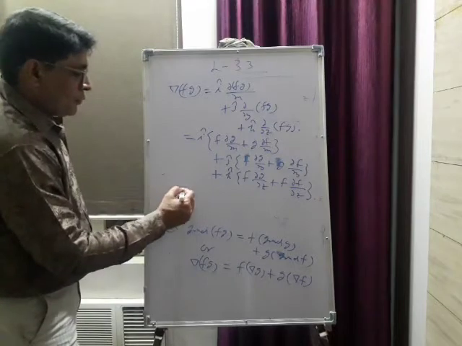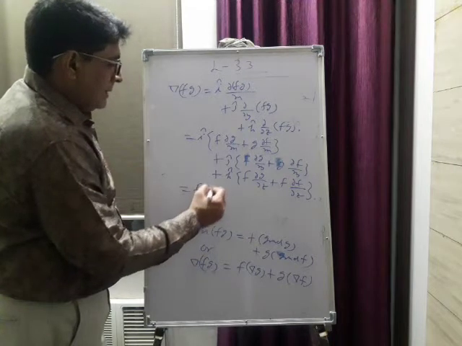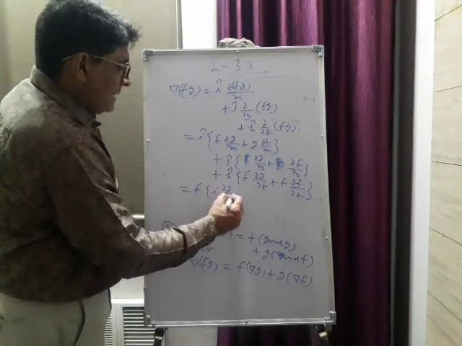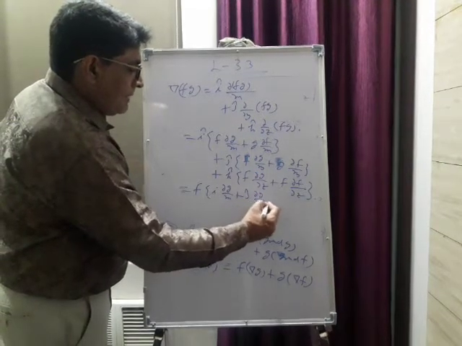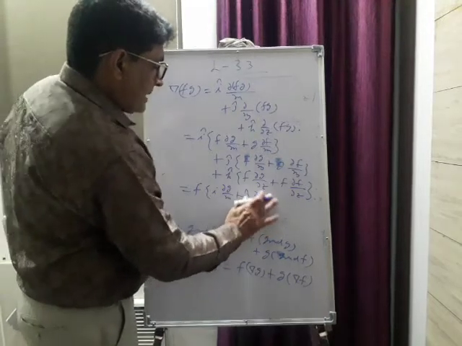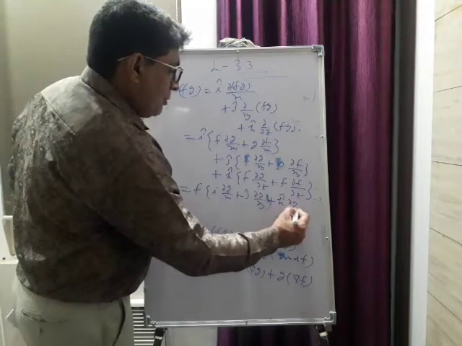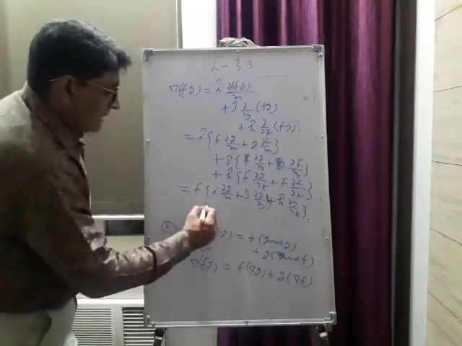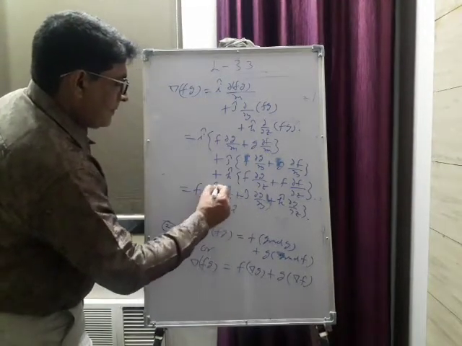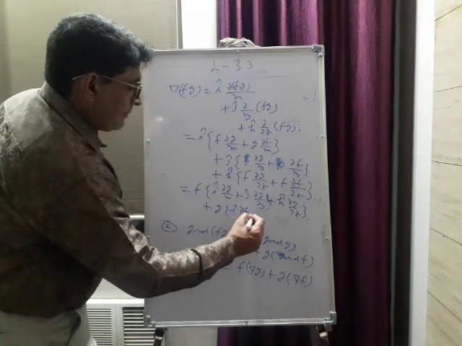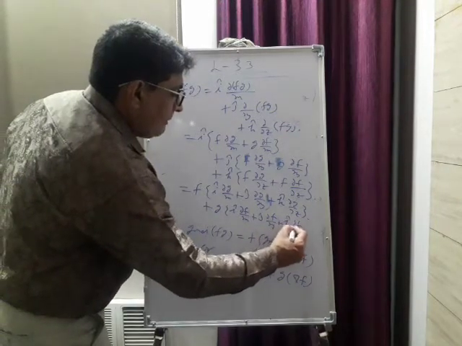So this becomes f comma i del g over del x plus f comma j del g over del y plus k f comma del g over del z, plus here g comma i del f over del x plus j del f over del y plus k del f over del z.